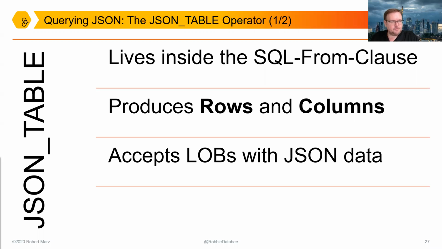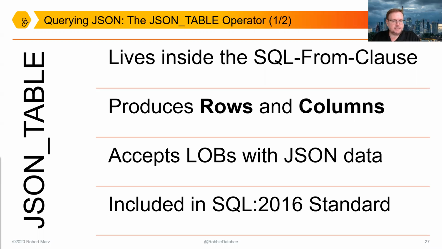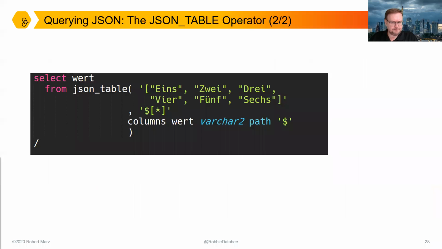It accepts LOBs, CLOBs or BLOBs with JSON data, or VARCHAR columns, whatever. The definition and the syntax are included in the SQL 2016 standard. So the JSON_TABLE syntax works the same way on different databases. As far as I know, it is currently implemented in Oracle, of course, and in SQL Server and IBM DB2 and a couple of other databases.